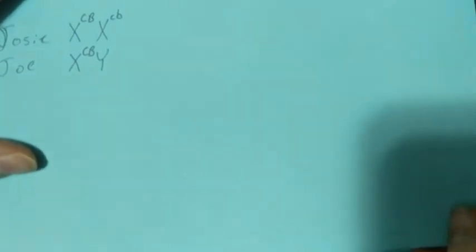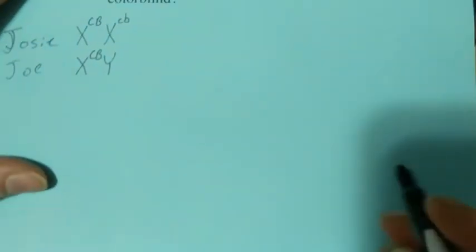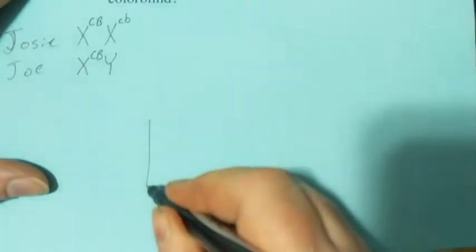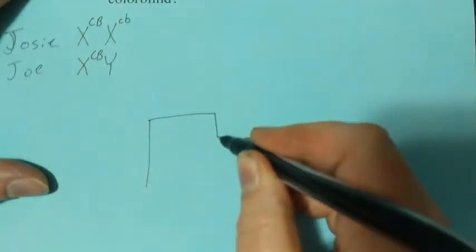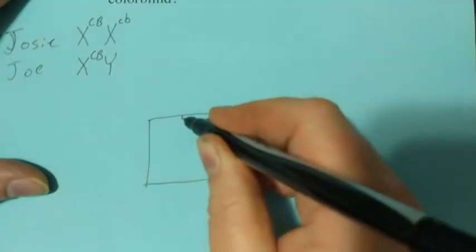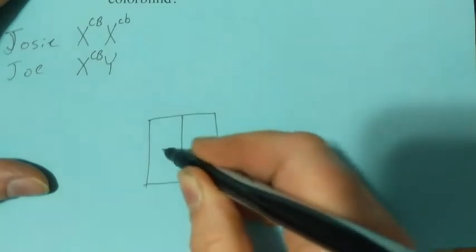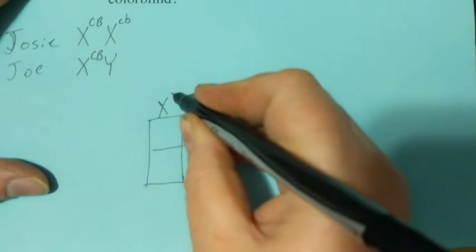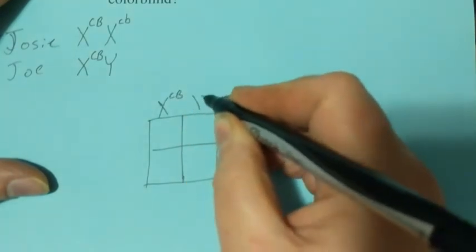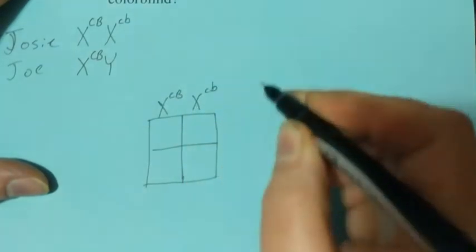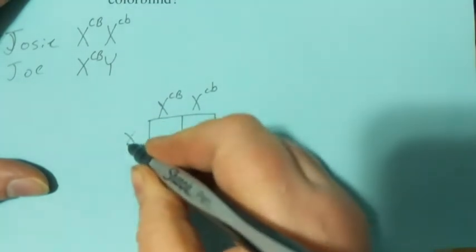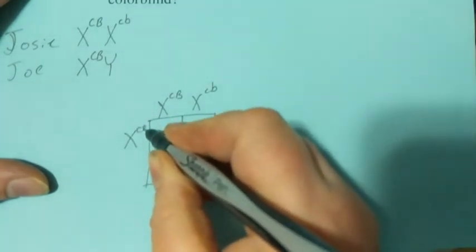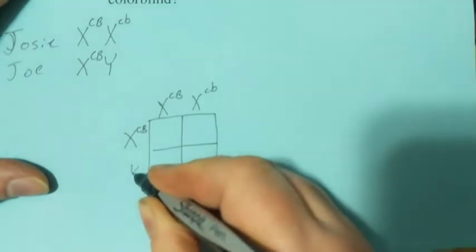So if we do our cross, draw out our Punnett square, okay. We're going to do Josie across the top. We're going to do Joe down the side, and then we're going to do our cross.